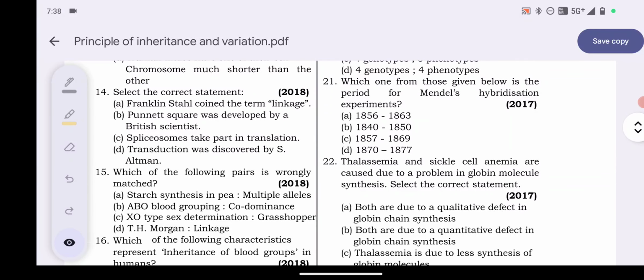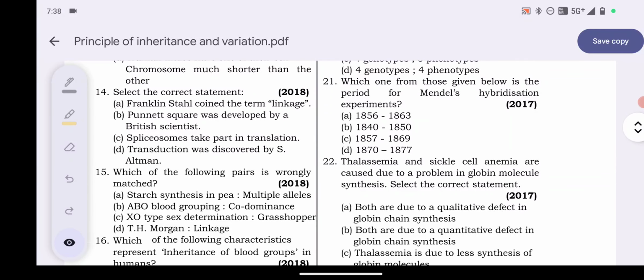Question number 25. Which one of the following is not true for the experiment of Mendel on pea? Not true is asked. Option A, his experiments had small sampling size. Option B, he chose characters of 2 contrasting states. Option C, he used 2 breeding lines.